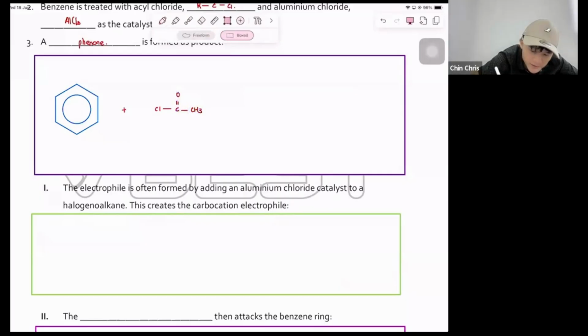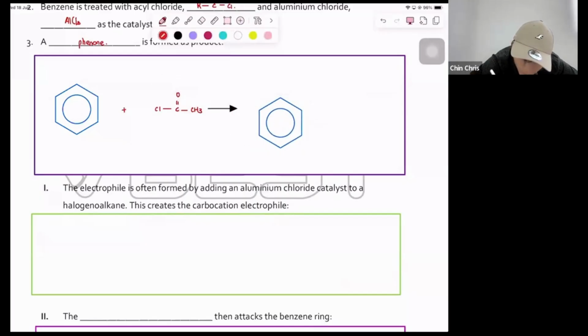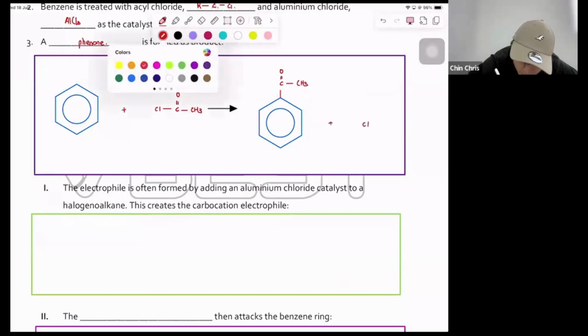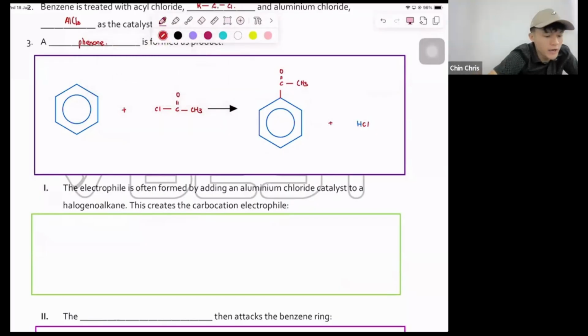This acyl chloride is going to get substituted onto the benzene ring, and you are getting a C double bond O, CH3, and HCl. That's the reaction.